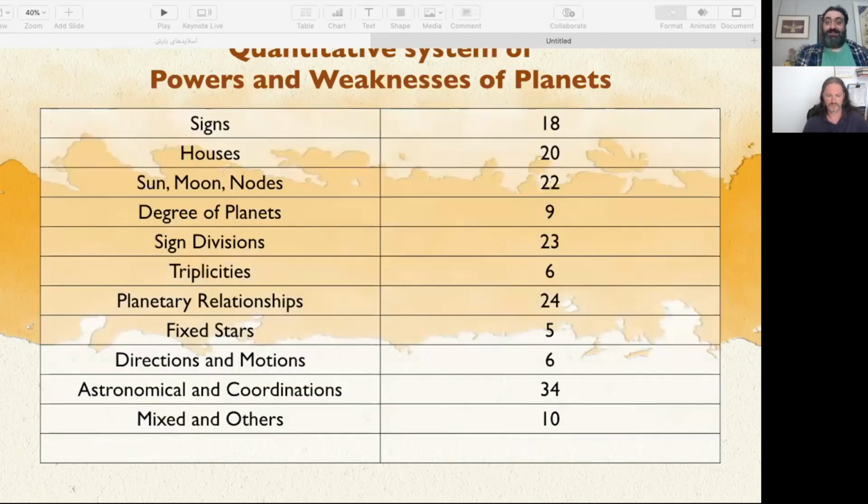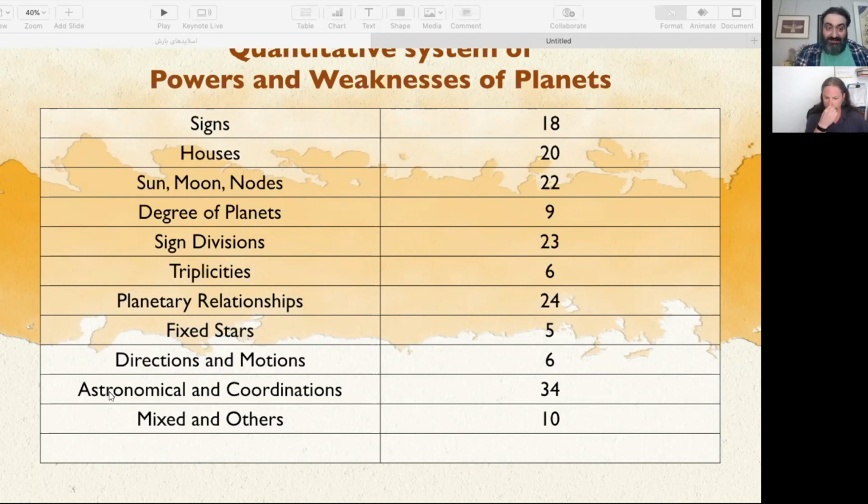It's really important here because among them, 18 belong to the signs, 20 belong to the houses, 22 belong to the sun, moon, and nodes. Nine of the powers and weaknesses are for the degree of the planets, 23 for the sign divisions like the Vargas, bounds, and terms, 6 for triplicities, 24 for planetary relationship, 5 for fixed stars, 6 for direction and motions like retrograde, direct, stationary, and so on.